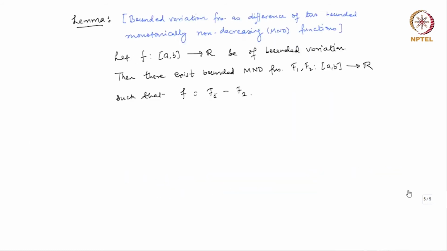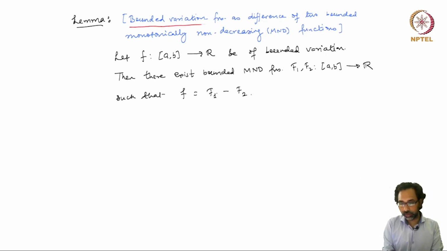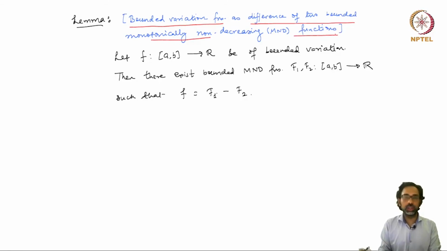Now we come to the first important property of functions of bounded variation, and this is given by this lemma, and this says that the bounded variation functions can be expressed as a difference of two bounded monotonically non-decreasing functions, which can be defined from the given function of bounded variation.